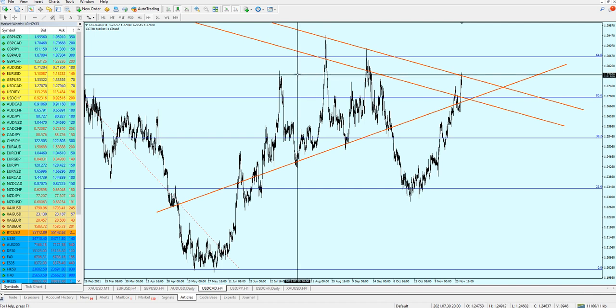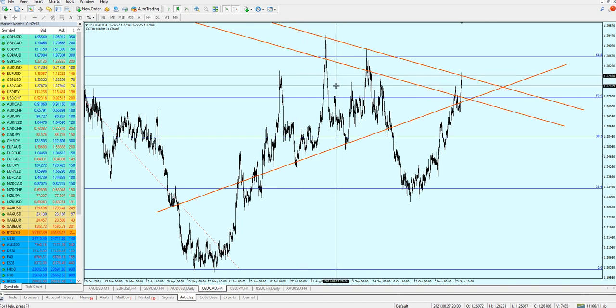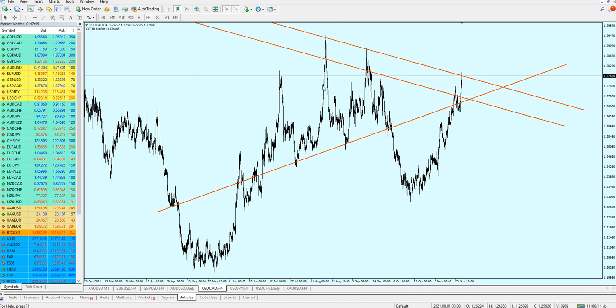Oh, here is the resistance. Oh, perfect. I think it will continue the rise, but we need to do it at the right moment. Here the support trend line was respected.